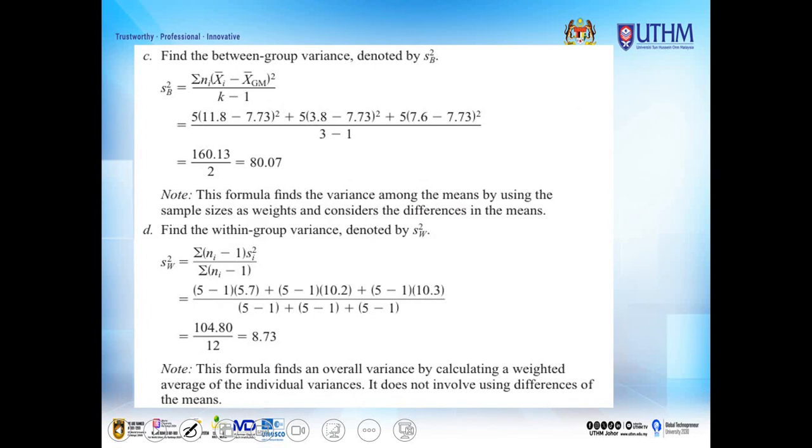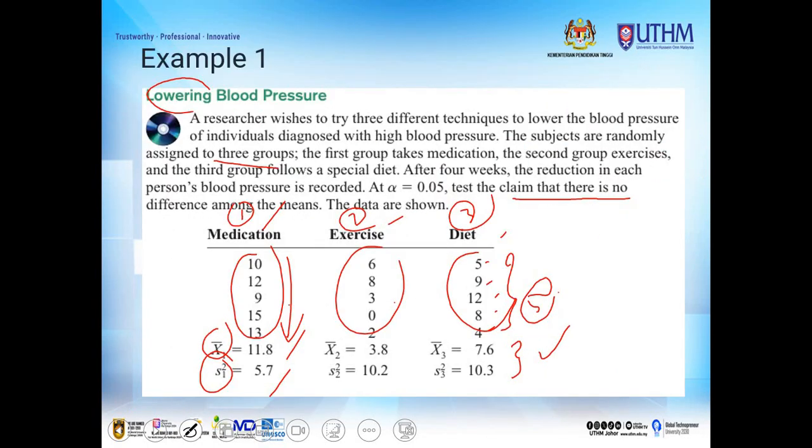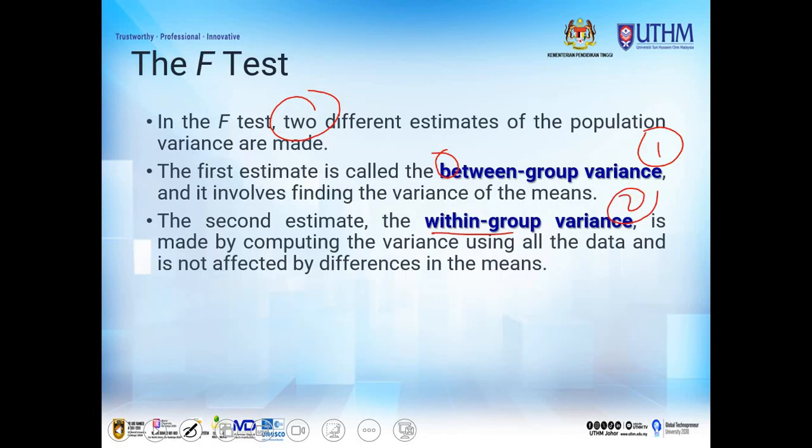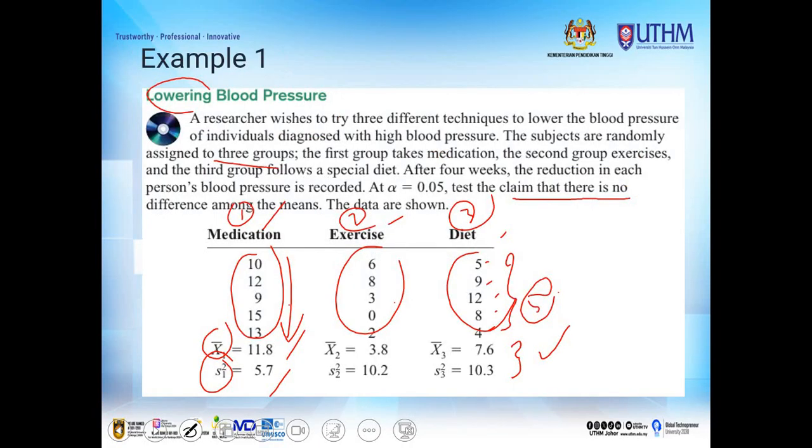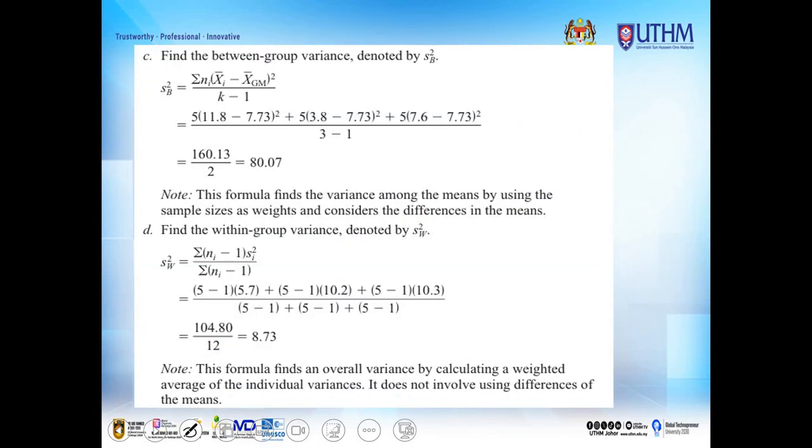Next, find the between and within estimates. We have come across two things just now, between group and within group, so we will calculate these two estimates as well. There is a formula for this, which is denoted by B, where B is the between group variance.